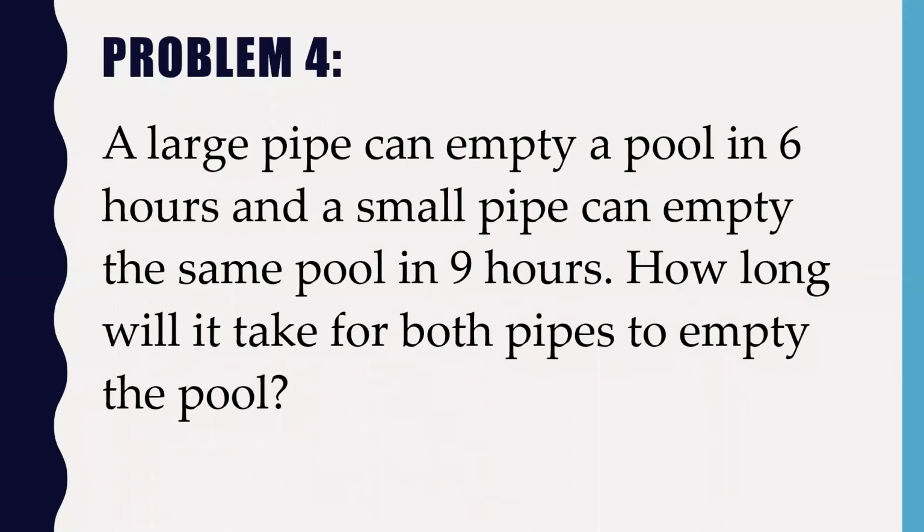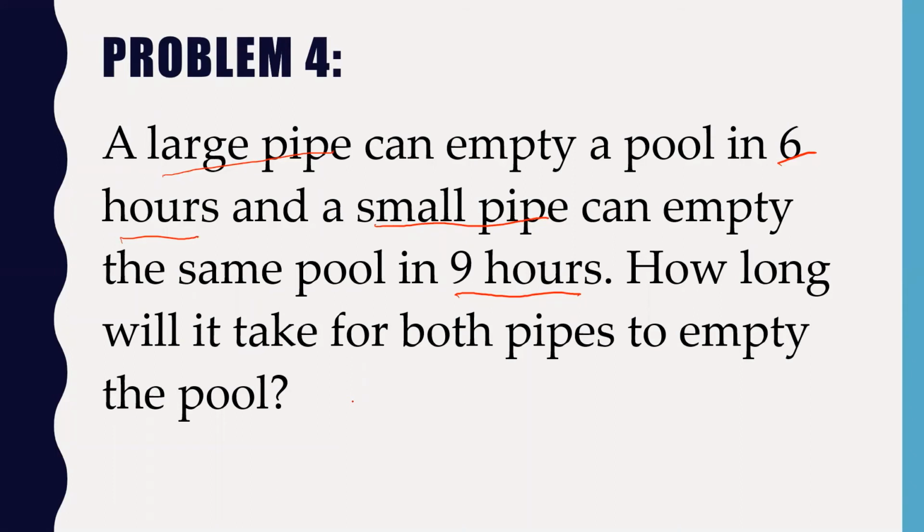Now, let's proceed to problem number 4. A large pipe can empty a pool in 6 hours, and a small pipe can empty the same pool in 9 hours. So if we're going to highlight the given, or take note of the, we will let first the unknowns.